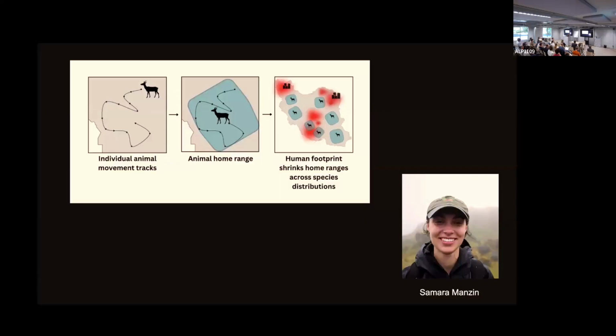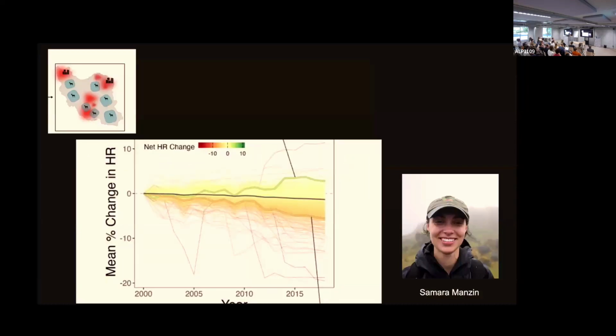And so globally, we've known for a long time, depending on the species, but overall, if you have more human development, it does shrink home ranges, with the exception that if it gets really small, then an animal actually moves more. But overall, it does contract ranges in the end. And so then you can map what change in home range you would expect for a change in HFI in this case.